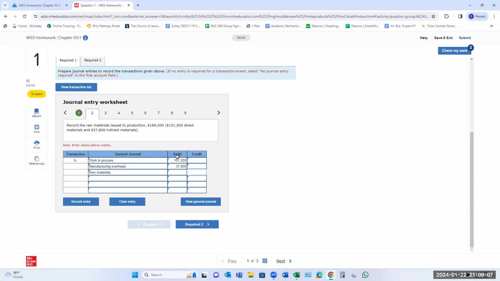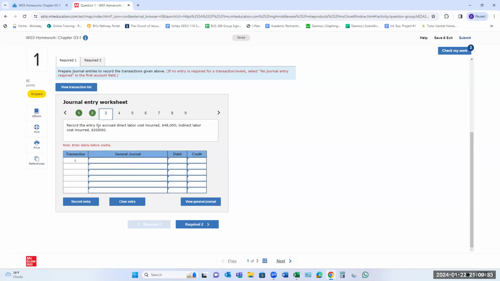And the amount is just these two numbers added together for the total, which they actually gave me. Sometimes they don't give you the total, so you just add the direct and the indirect together to get the total. 189,000. Okay, so that's everything for required 2.